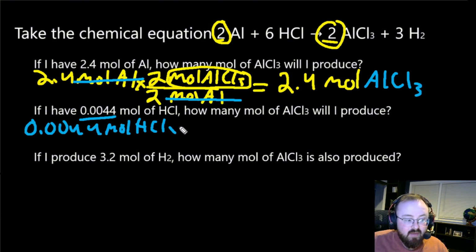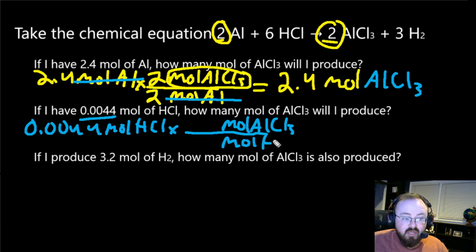Because my next step, I want to convert this into moles of AlCl3. And just like anything before, moles of HCl becomes my denominator. So we set this up so that when I cancel all this out, moles of HCl goes here, moles of HCl goes here, they cancel each other out.